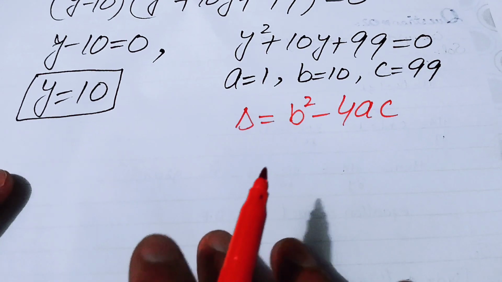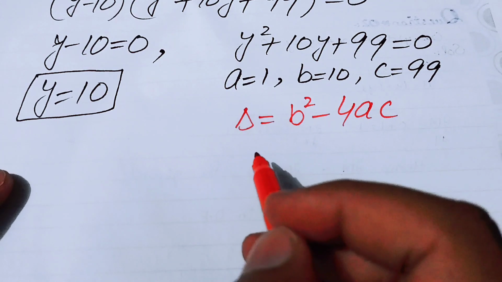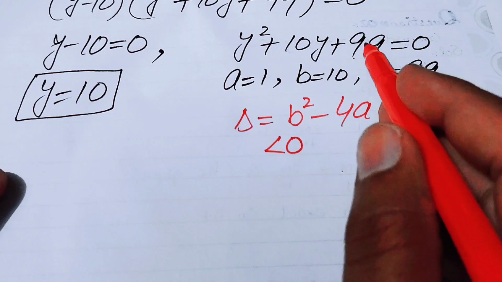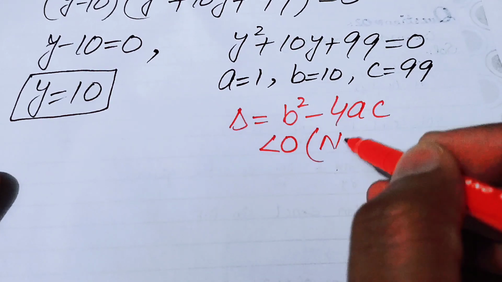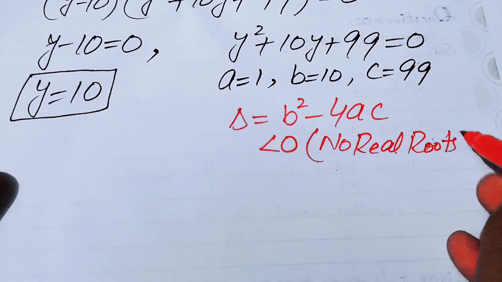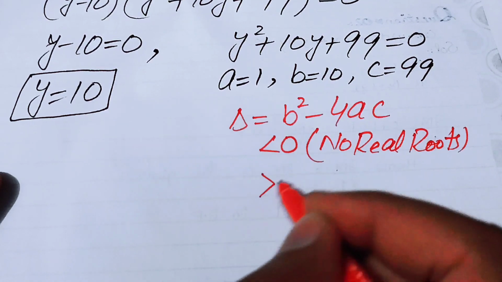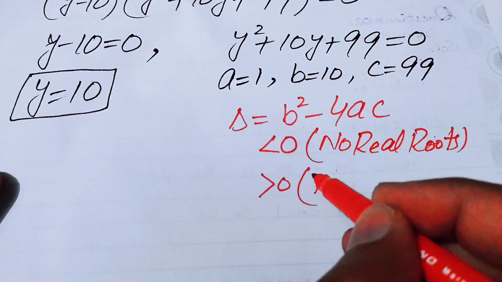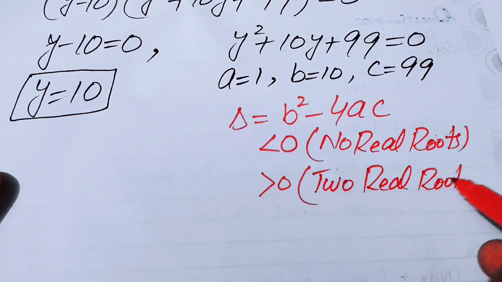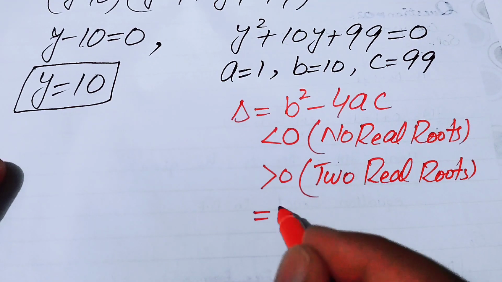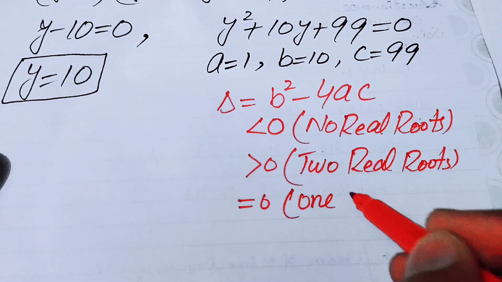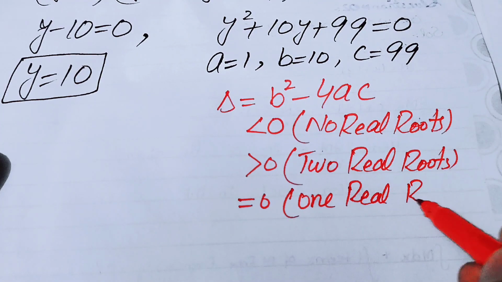If the value of delta is less than 0, then this quadratic equation has no real roots. If delta is greater than 0, then this quadratic equation has two real roots. And if delta is equal to 0, then this quadratic equation has one real root.